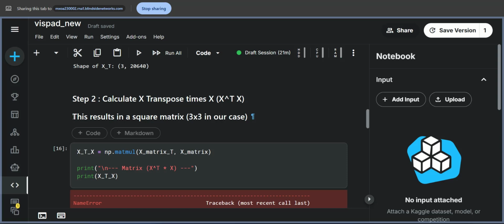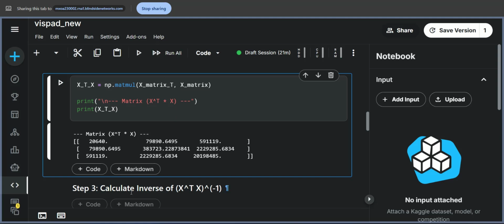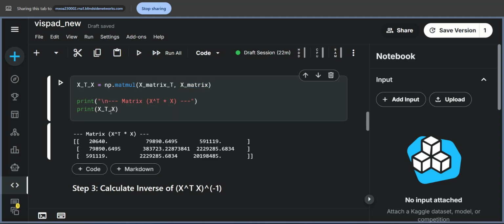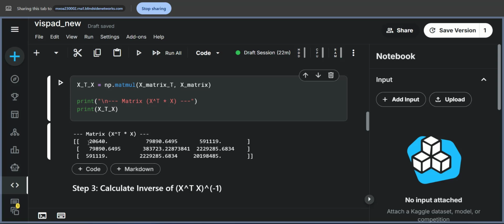So we multiply our x transpose times x. Here we have matrix multiplication: the x transpose and the x matrix, and when you multiply, you get your 9 elements, or 3 by 3, here.